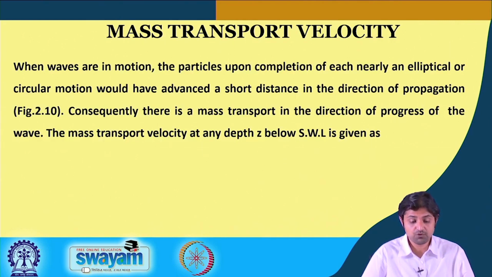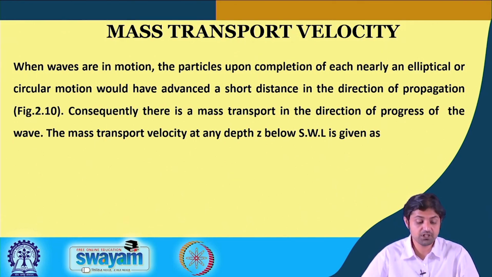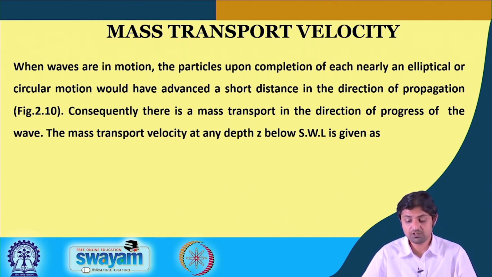The derivation is outside the scope, but what you must understand is that when waves are in motion, the particles upon completion of each nearly elliptical or circular motion would have advanced a short distance in the direction of propagation of waves. You can check it from those equations as well. Therefore, if they move ahead, that means that the mass associated with them has already moved forward, correct?